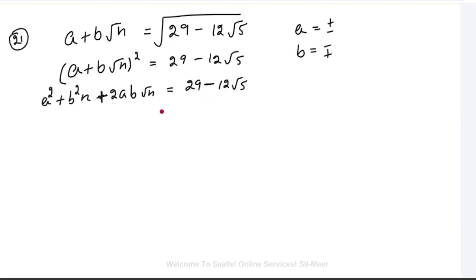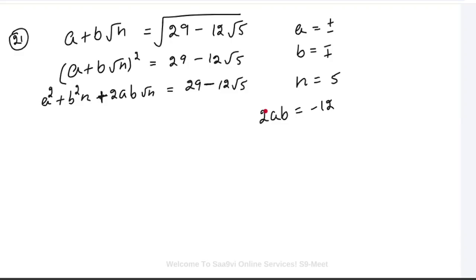Second thing, if I take, let's say, n equal to this root 5, that means n is equal to 5. Now in that case, twice of ab will be minus 12, right?